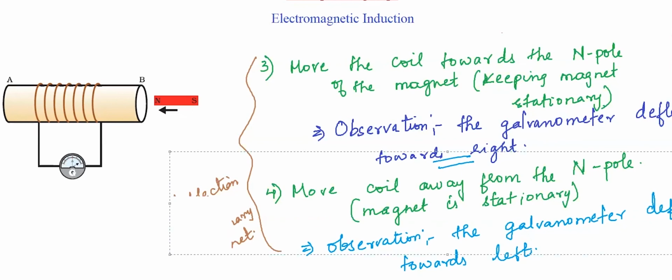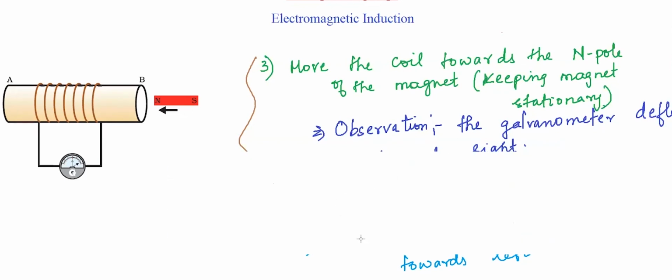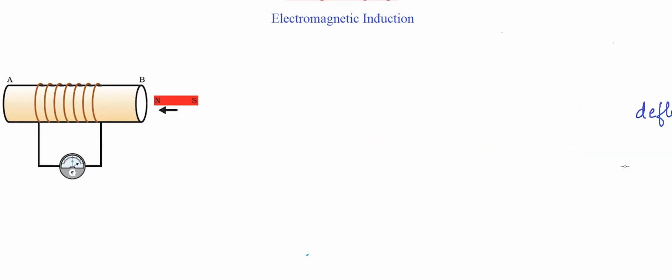So what is electromagnetic induction? Electromagnetic induction is the phenomenon of inducing a voltage, inducing an EMF, by changing the magnetic flux linked with the coil.